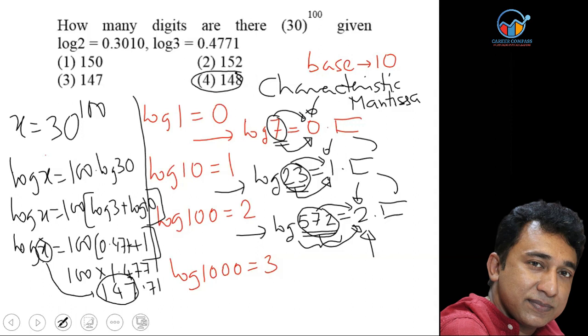Hence, your answer will be 148. Since the characteristic is 147, your answer will be 1 more than 147, which is 148. All right. I hope that was clear.